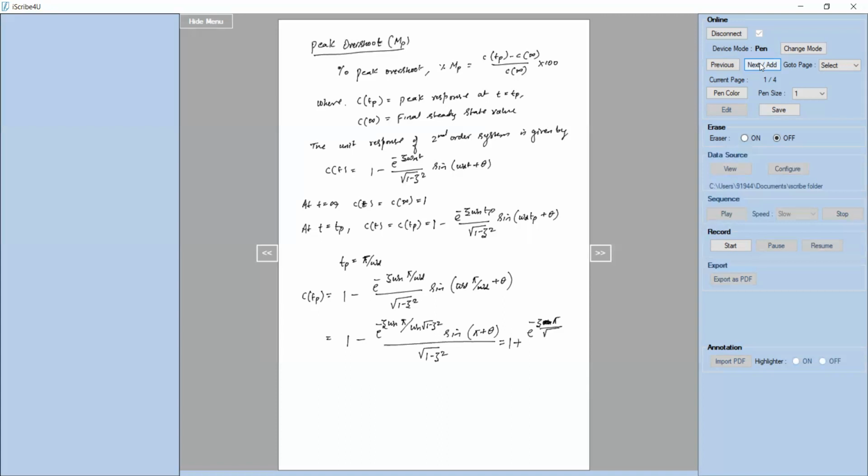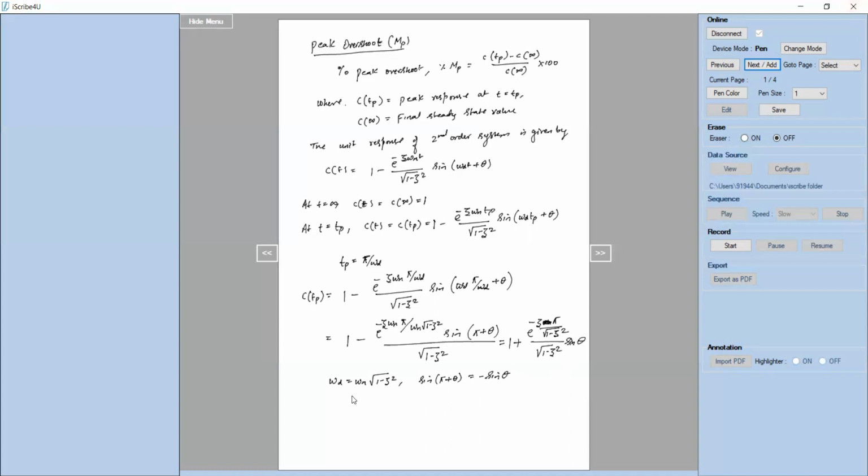Zeta pi divided by square root of 1 minus zeta square divided by square root of 1 minus zeta square sine theta. Okay, this is what I'll be getting. Since omega d is equal to omega n into square root of 1 minus zeta square and sine pi plus theta is minus sine theta. Okay, we have used this relation and we could write this expression.